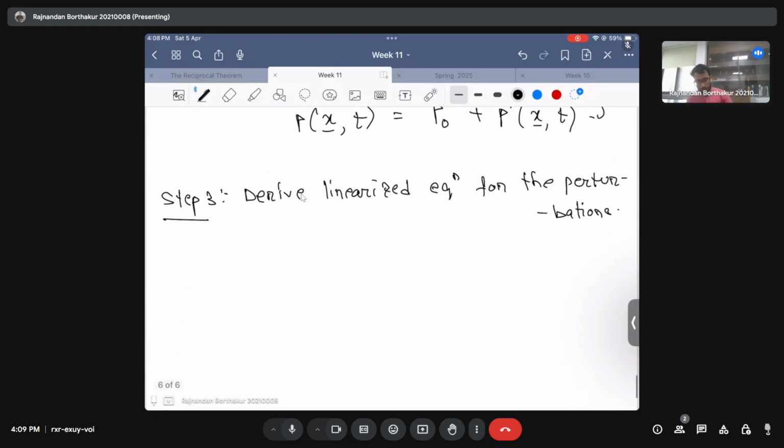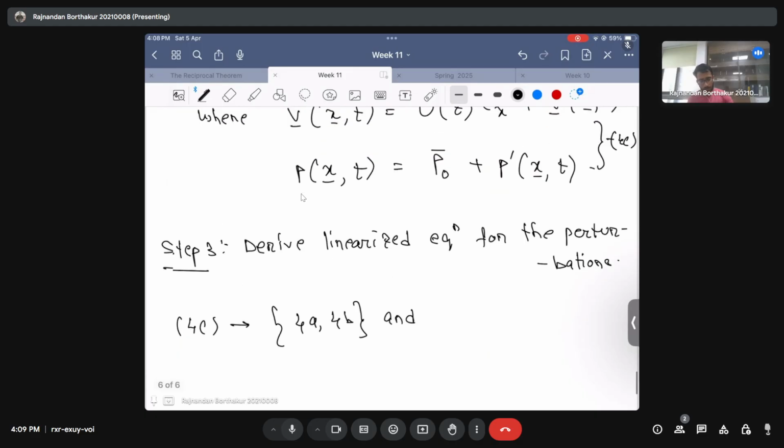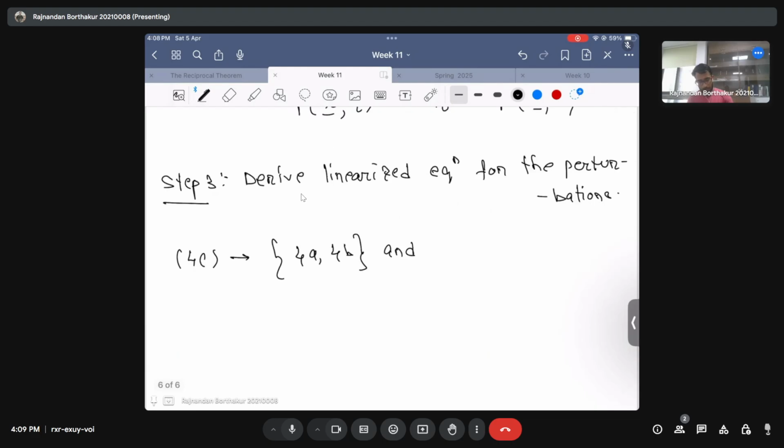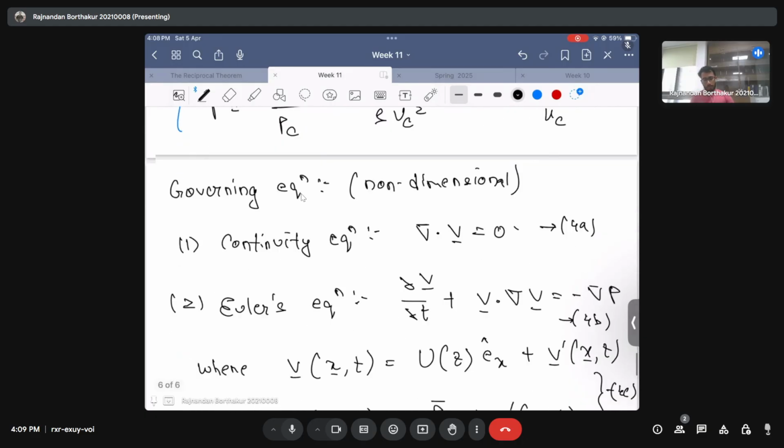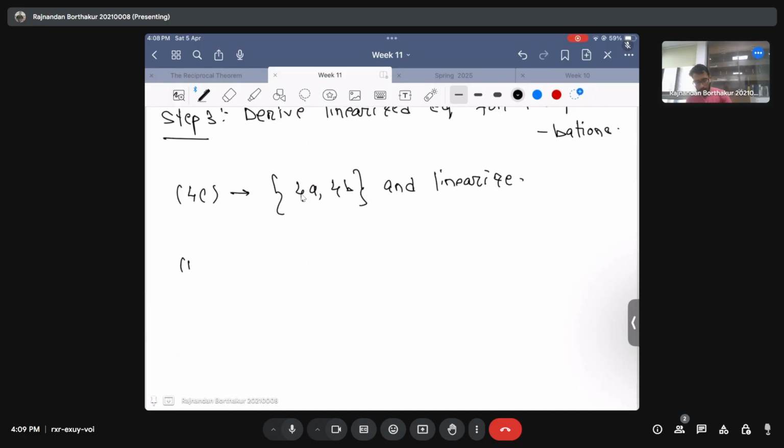So we will substitute 4c into equations 4a and 4b, and we will linearize this, and I'll show you how we do this linearization. When I substitute it in the continuity equation, I just get divergence of v dash equals 0, because the base flows trivially satisfy the continuity equation, and we have already established that.